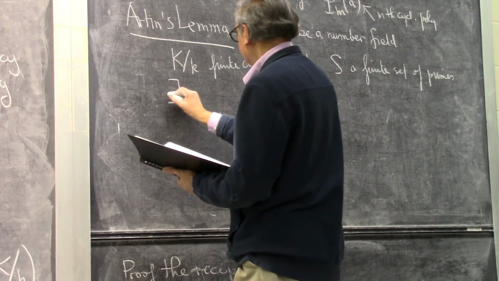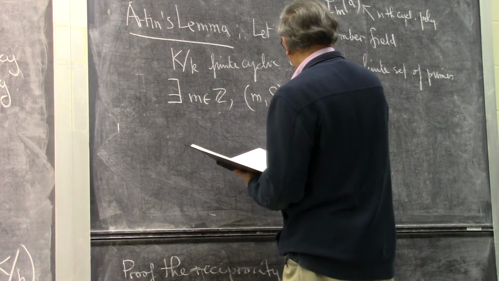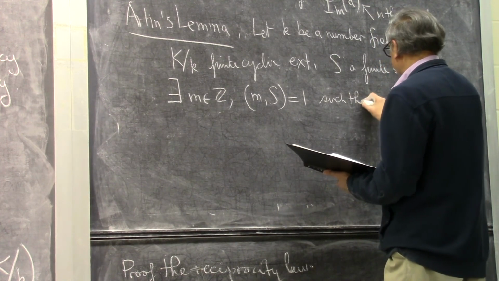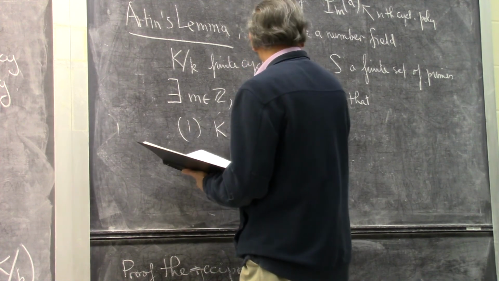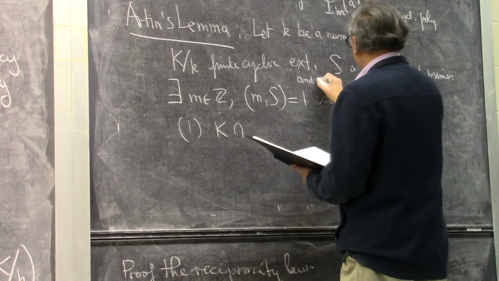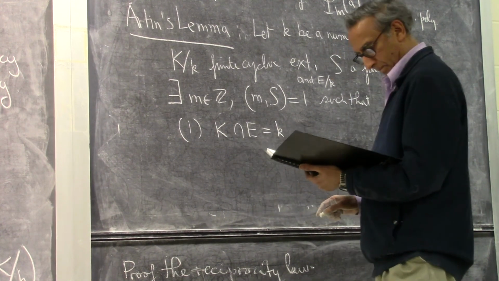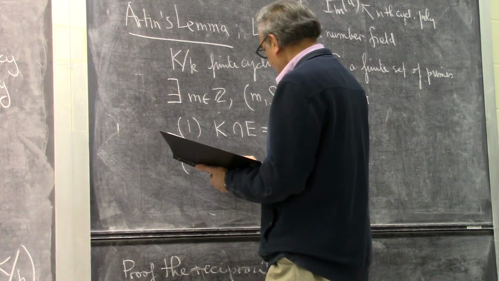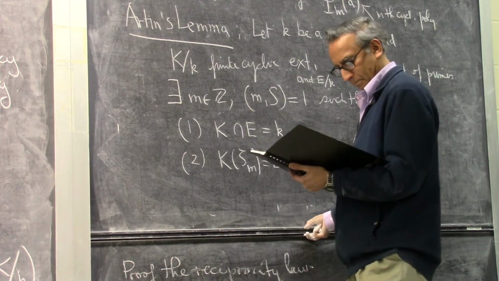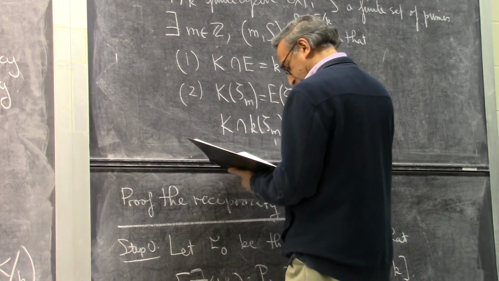Then there exists an integer m, co-prime to S, that means co-prime to all these primes in S, and an extension E such that: one, K intersect E is little k; two, k adjoin zeta_m equals E adjoin zeta_m, and capital K intersect k zeta_m is little k.